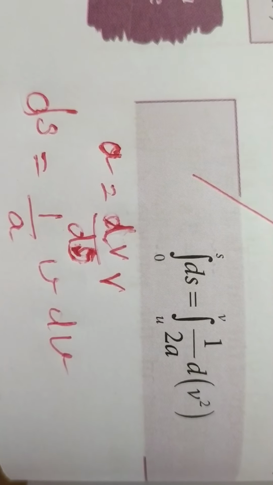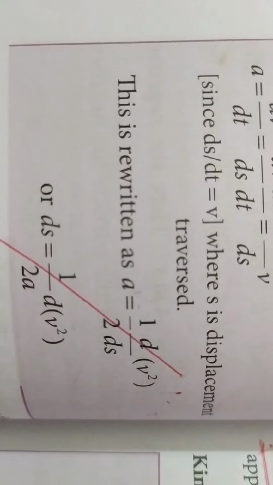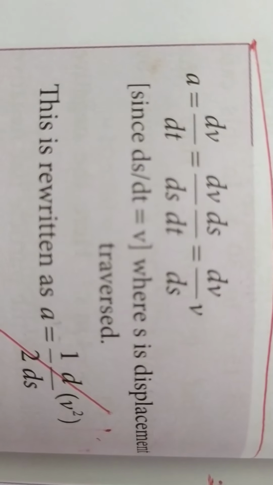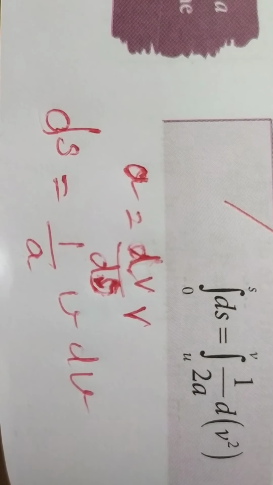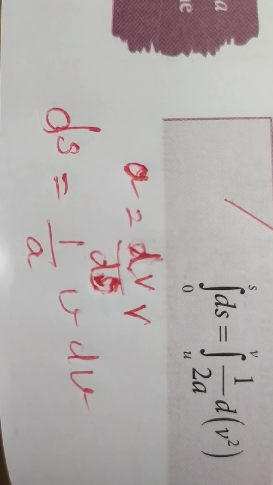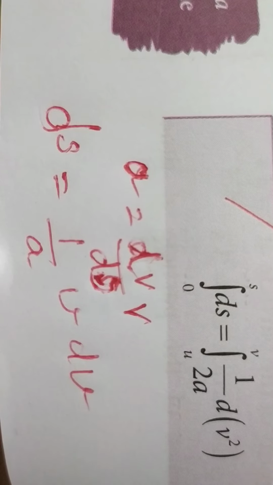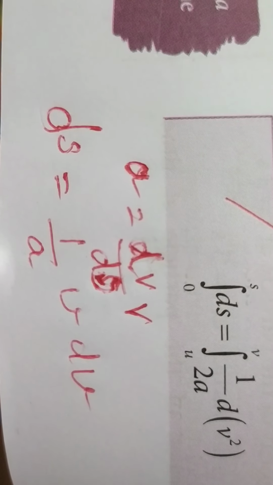Instead of that, I can give you one equation. Here a is equal to dv by ds into v, or you bring ds to this side. ds is equal to 1 by a into v dv.